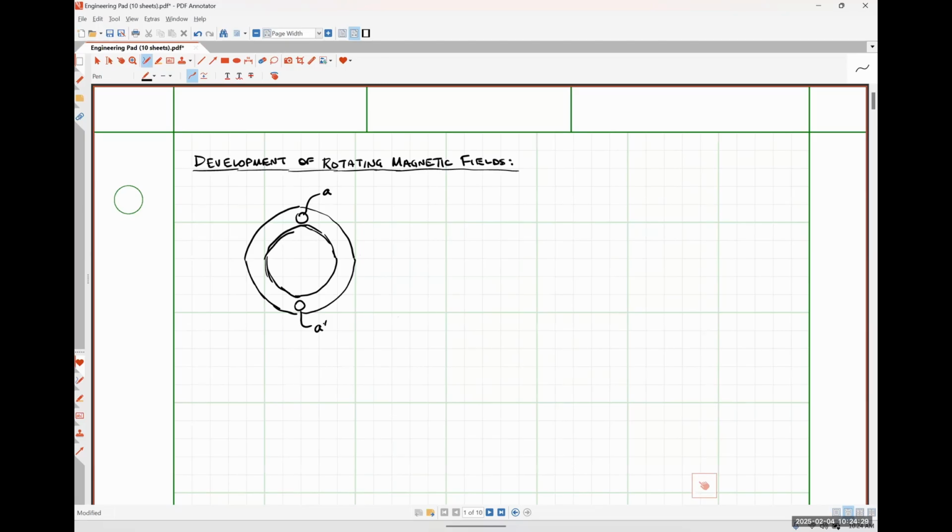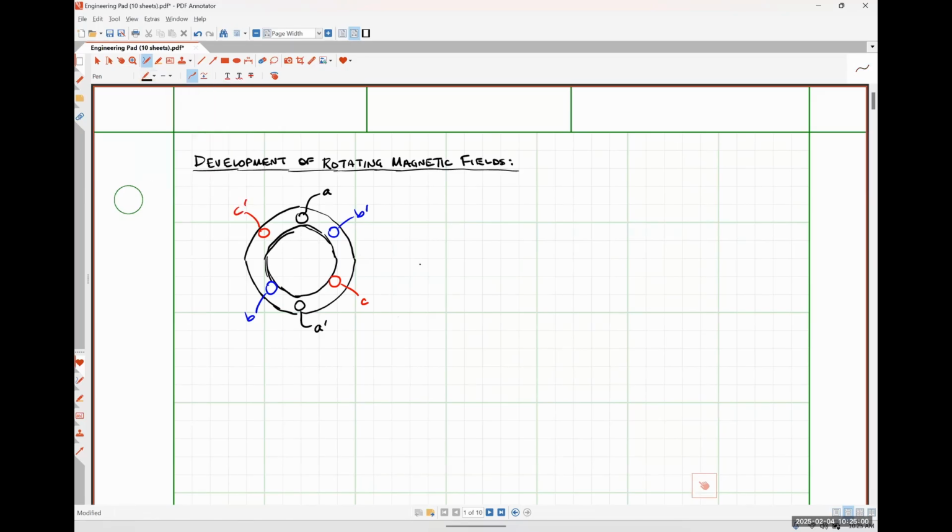This A and A prime are the 2 poles for the A phase, and they represent essentially one coil. Then 120 degrees out of phase from this is my B phase. B is over here, and my B prime is over here. Then C will be over here, and C prime will be right here.